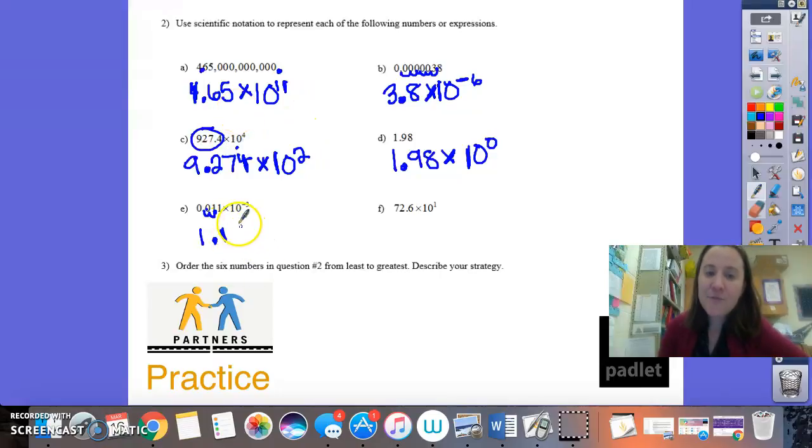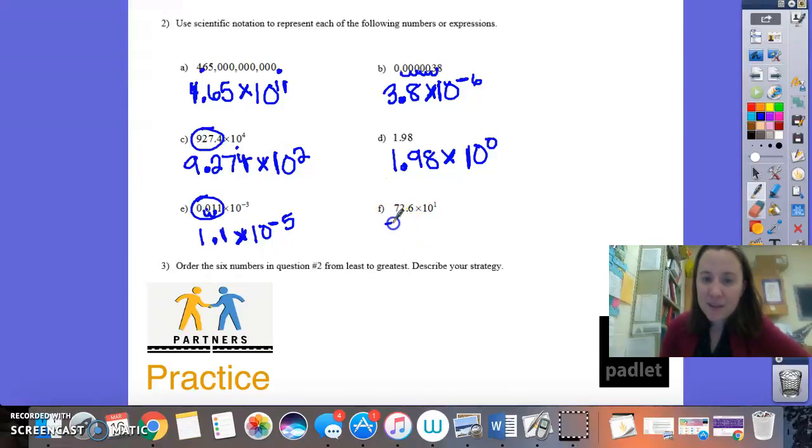So now we have 1.1 times 10 to the, what do we do now? So we already had 10 to the negative 3rd power. And I just moved it 2 more. So negative 3 plus another negative 2 means that I'm at 10 to the negative 5th power. Now if I move that 5 places to the left, I wouldn't end up at this number that I started with, but I would end up in an equivalent form in standard form.